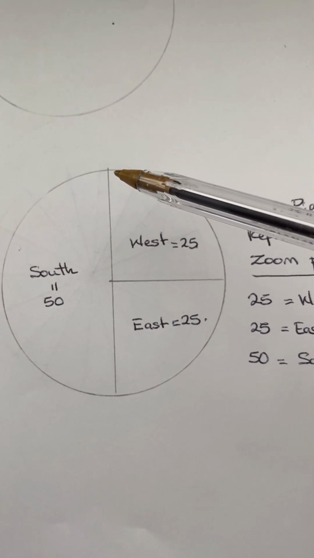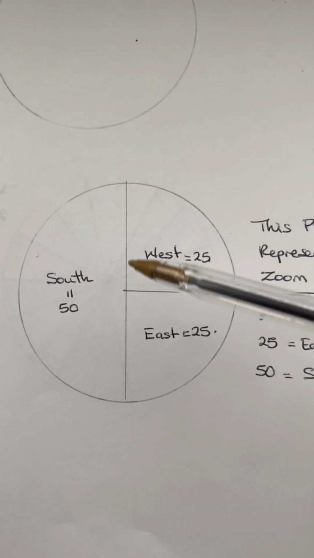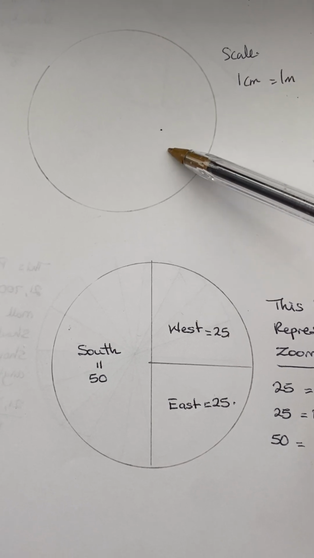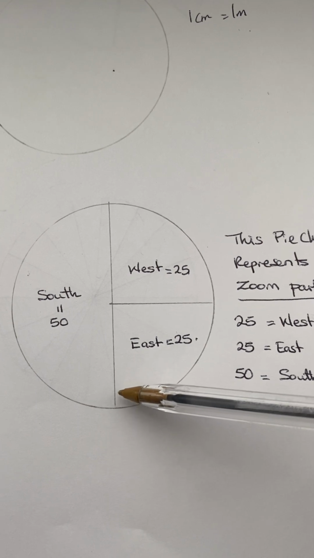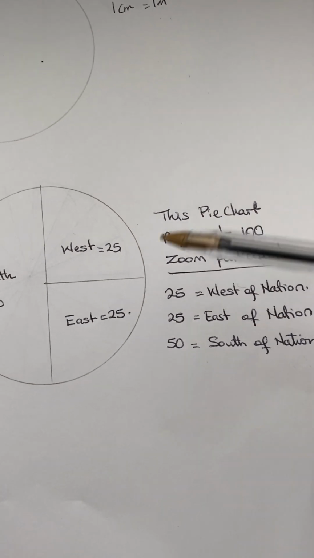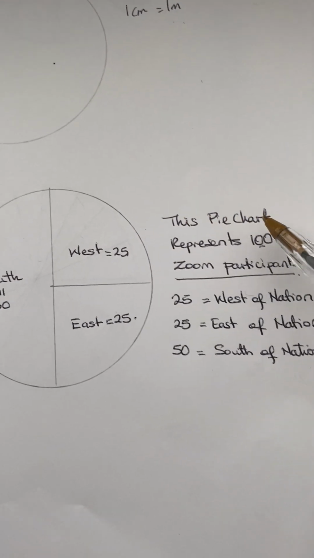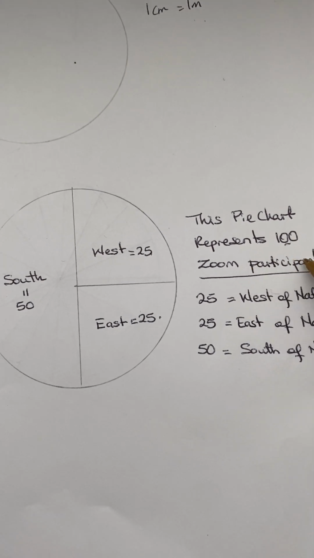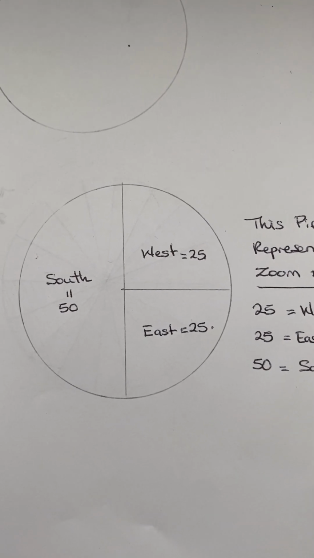I can't really remember what scale I used here because I wasn't given any radius, but it's similar to this, so I assume the radius is 2 centimeters, but we don't need it to solve this question. This pie chart represents 100 Zoom participants from a certain country we don't know.